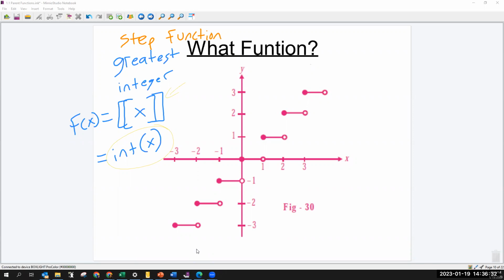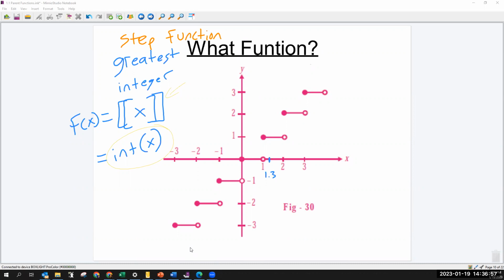Let's say I have an x value right here. We'll use blue. Let's say that x value is 1.3.